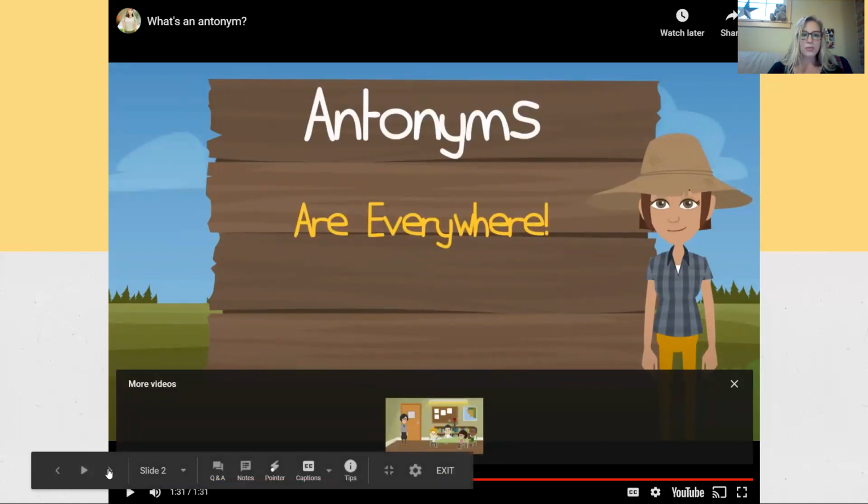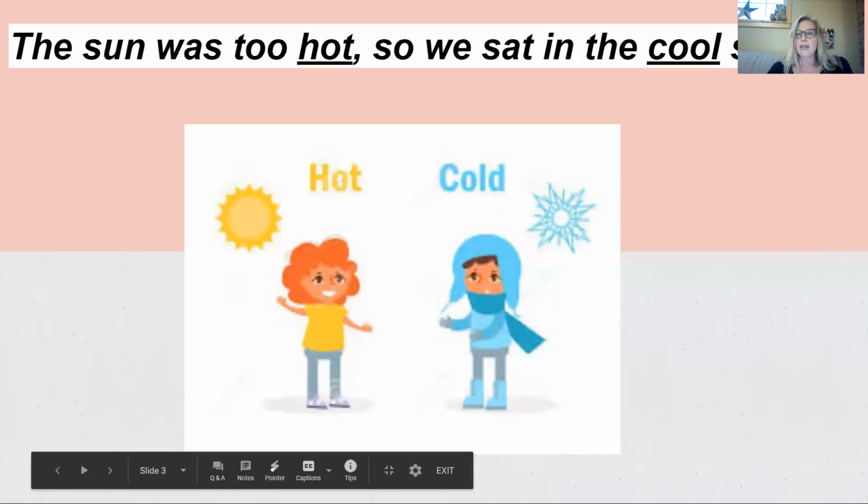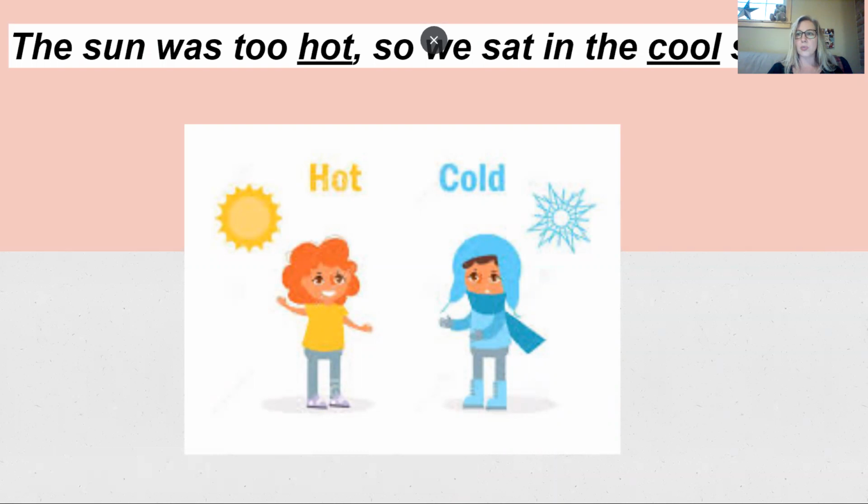All right, boys and girls, we just want to remind you as well that with antonyms, you can use your context clues, the words around the unknown word, to help you. For example, let's look at this sentence. It says, the sun was too hot, so we sat in the cool shade. The two antonyms in that sentence are hot and cool.